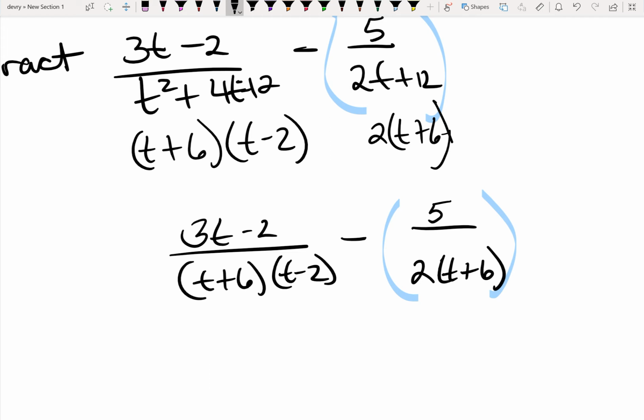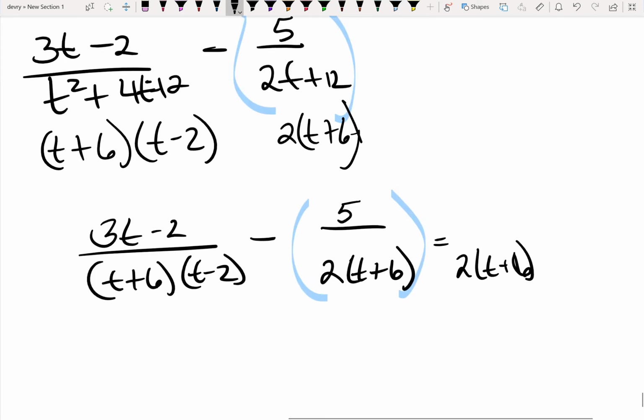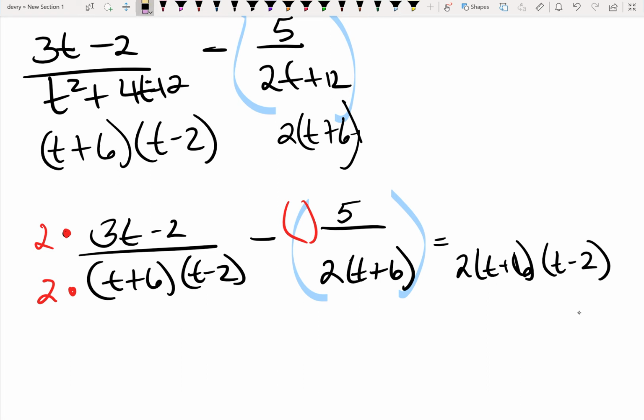So my common denominator here should be 2 parentheses t plus 6 times t minus 2. So then what does this side not have? This side does not have the 2 in the denominator, so we'll multiply like that. And this side, notice that I'm multiplying by t minus 2. That's going to be hard to read. Let me move it over. Okay, so I'm going to multiply on this side by t minus 2, top and bottom. And now I have a common denominator.